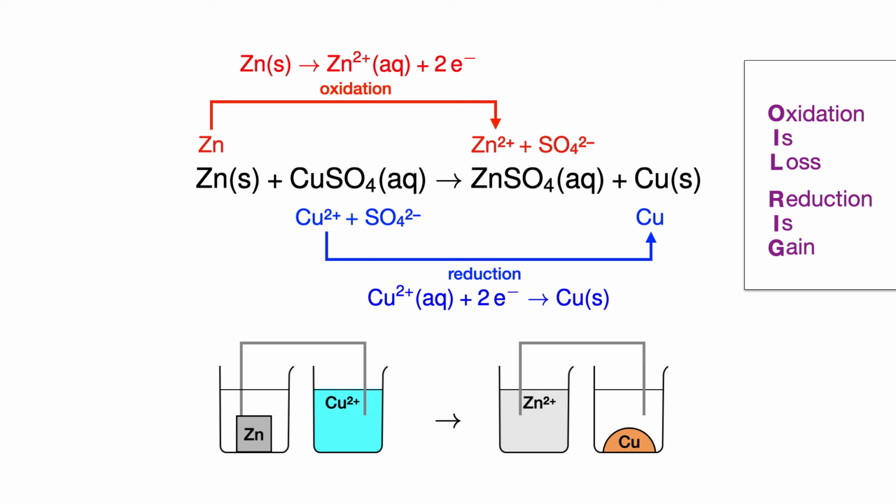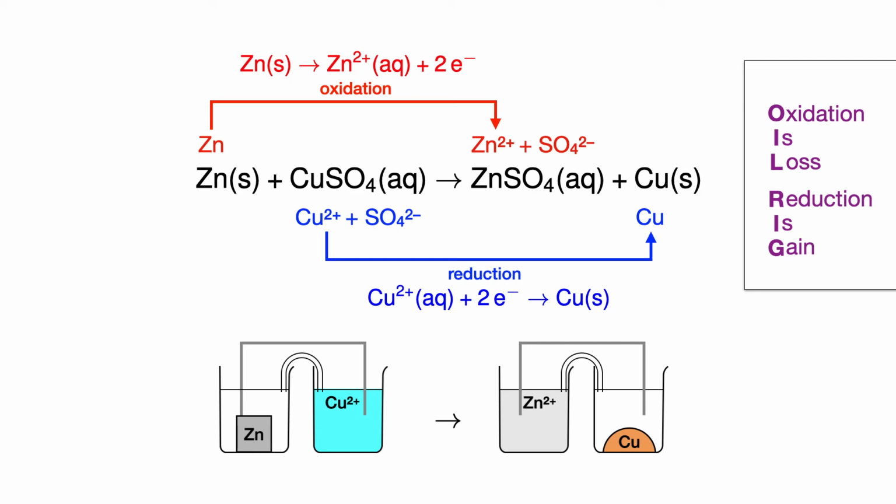And then if we complete the circuit using something called a salt bridge, this allows us to physically separate the oxidation part of this reaction from the reduction part.